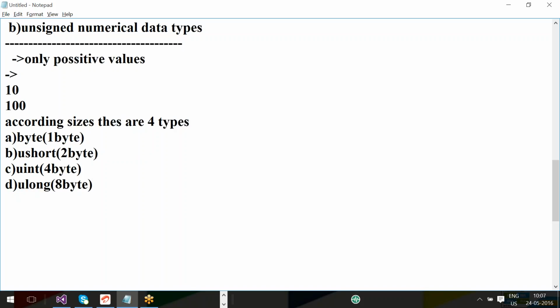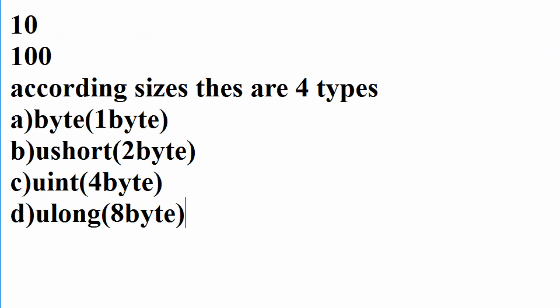To avoid confusion, they have given different names. For short, int and long they have given U as unsigned, but why not for byte? Because for byte they have already given S byte.